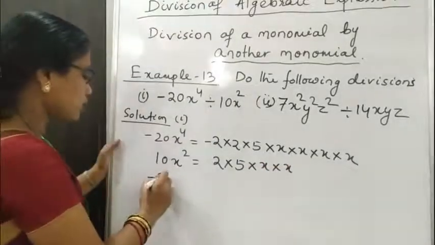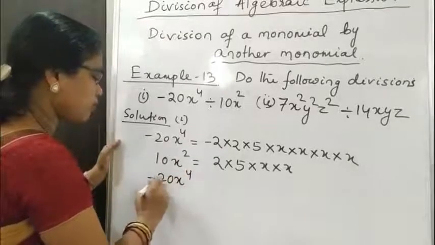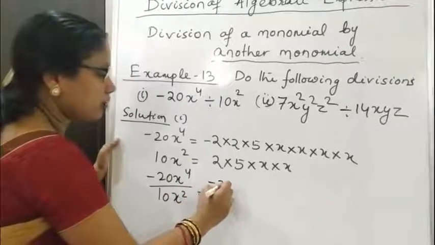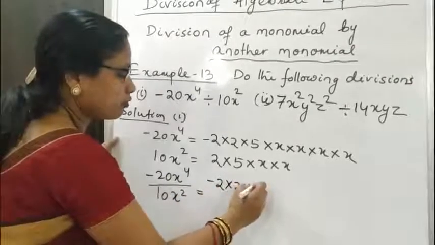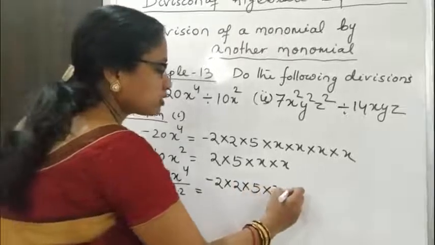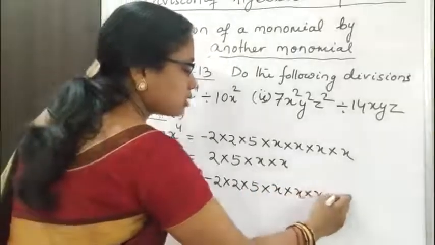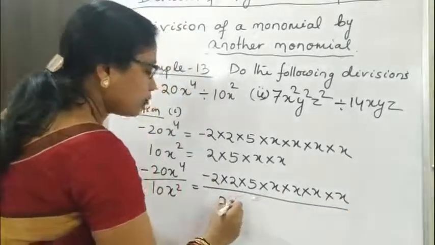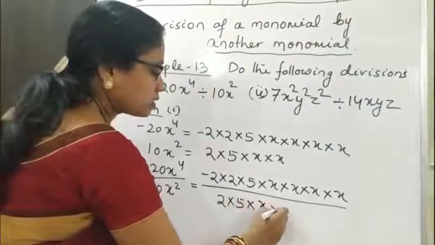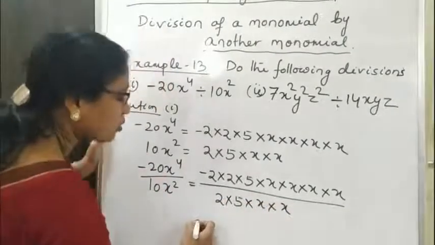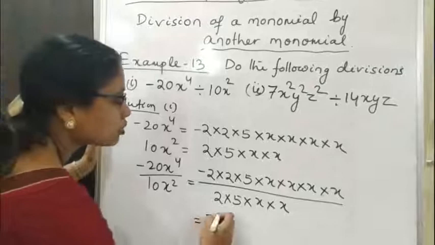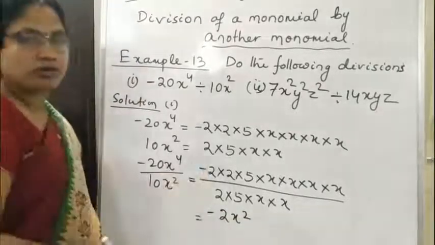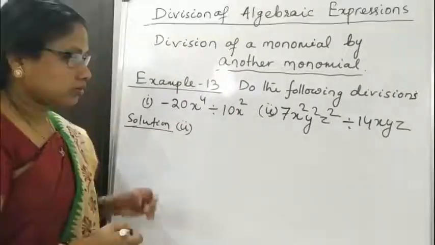So minus 20x to the power 4 divided by 10x square is equal to minus 2 into 2 into 5 into x into x into x into x divided by 2 into 5 into x into x. So the answer will be minus 2x square. So this is the division of a monomial by another monomial.